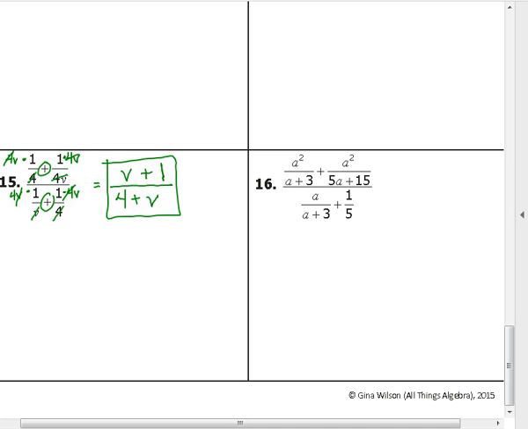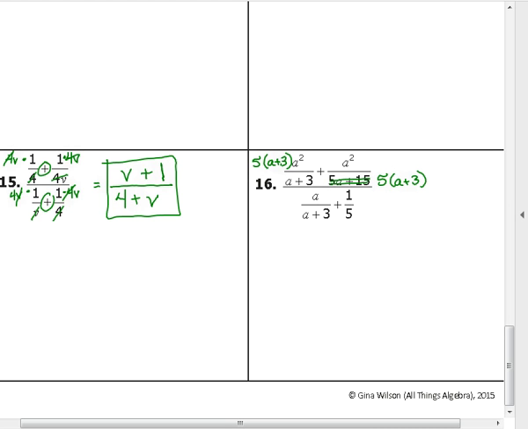So if I look at all 4 of those denominators, I notice that I've got a plus 3 in a couple of them, and if I factor this second one up here, it also has a plus 3. And then I've also got a factor of 5. So I'm going to multiply my numerators. I'm not trying to get a common denominator anymore.